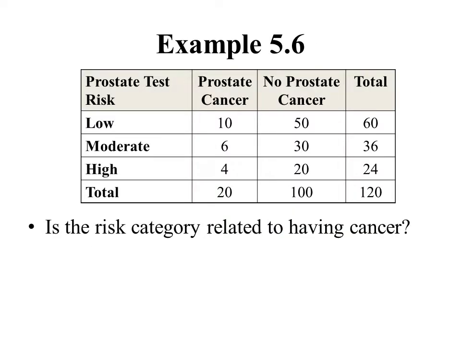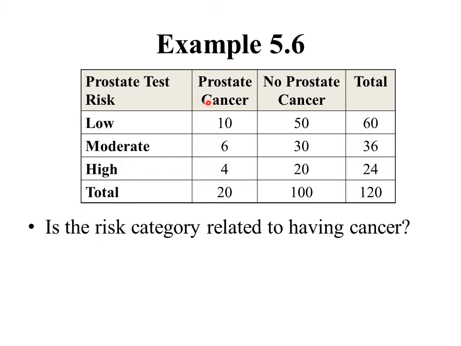Okay. To illustrate this idea, let's look at example 5.6 from the book, which gives some results from this prostate screening test. These numbers are a little bit different than the example that we saw before, but it's the same interpretation. We've got 120 guys. They take the test. They have either a low, moderate, or high risk.